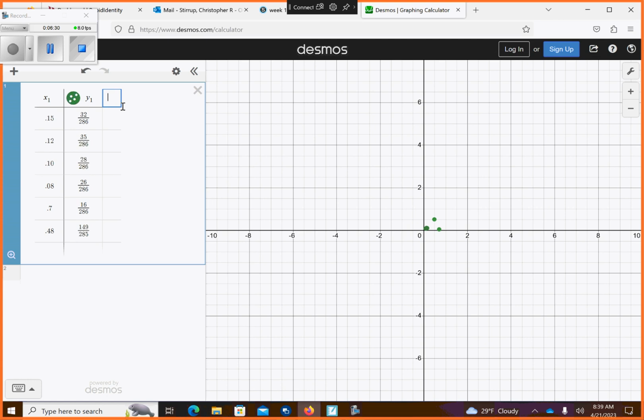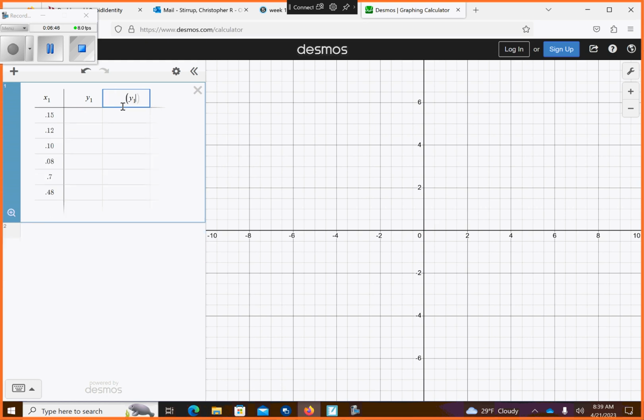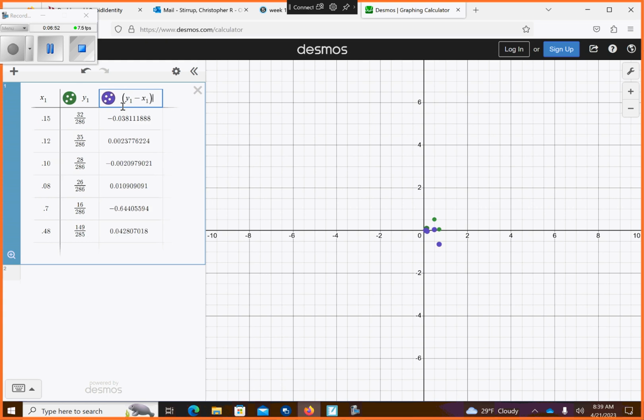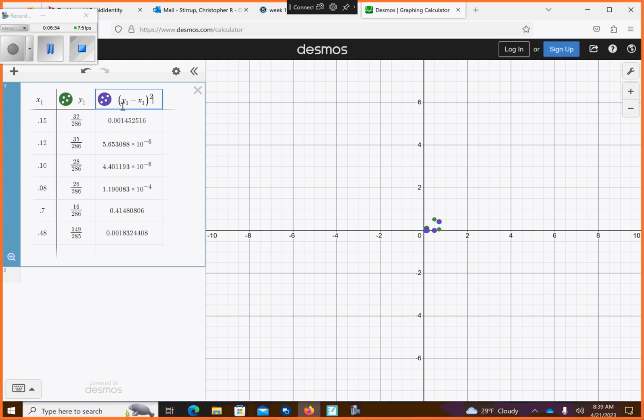Now I want to do the chi-squared test. Okay, so the chi-squared is going to be the observed and the expected. So the observed is going to be y1 minus my expected, which is x1. We're going to square it. Oops, up here.